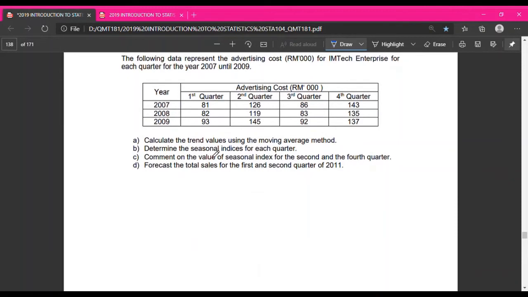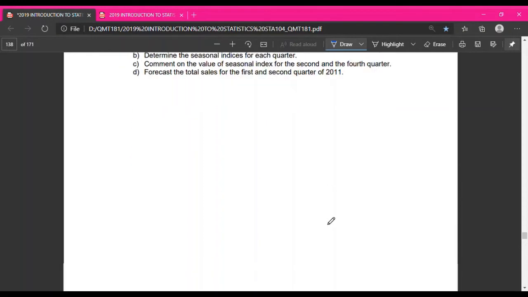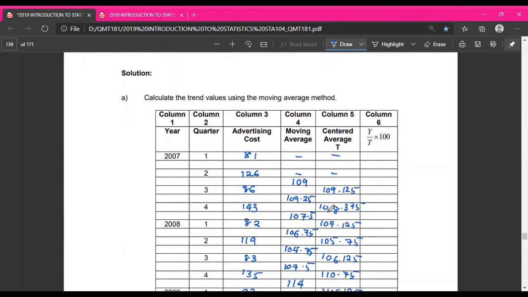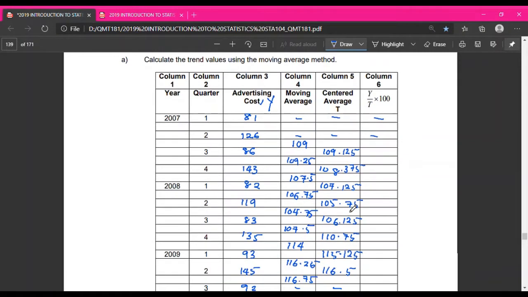Question B: determine the seasonal indices for each quarter. First step, we need to find the seasonal variation, which is the value V. The formula is Y divided by T. This is Y, our variable. So here is blank. Y divided by T, the third column divided by the fifth column, multiplied by 100. 86 divided by 109.125, multiplied by 100.